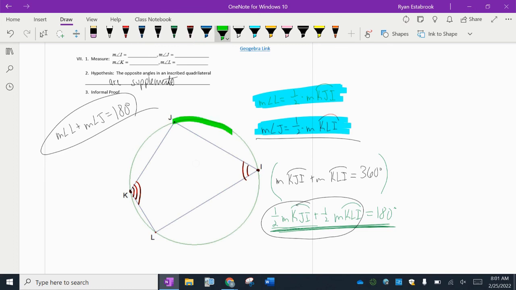Angle K is 1/2 of this green. Angle I is 1/2 of the orange. Orange plus green together is 360, so half those angles add up to 180. I don't have to prove this every time I use it. I just know that the opposite angles in an inscribed quadrilateral are always going to add up to 180 degrees.